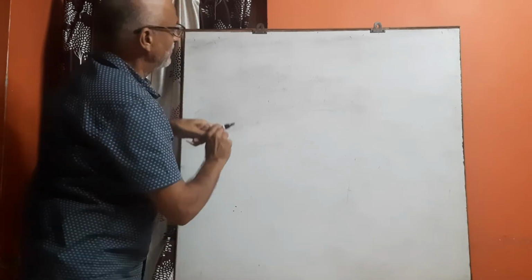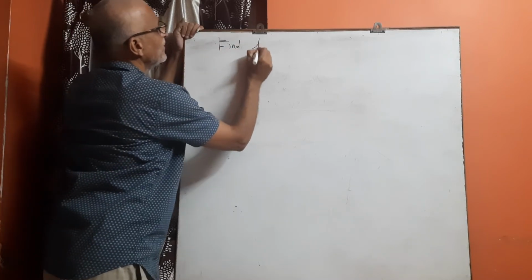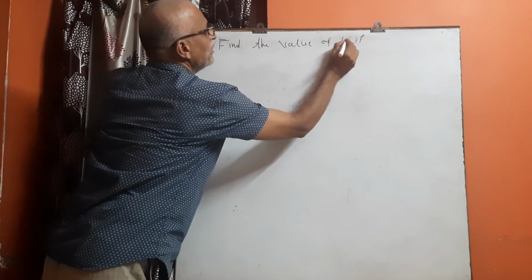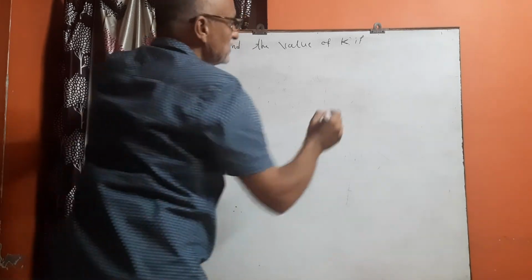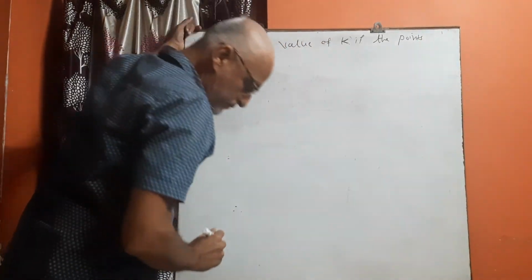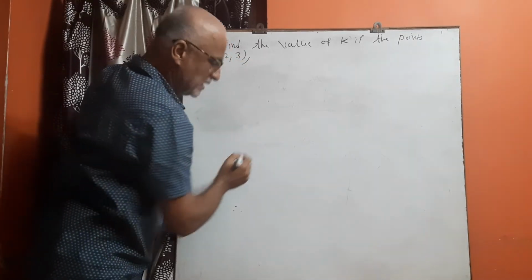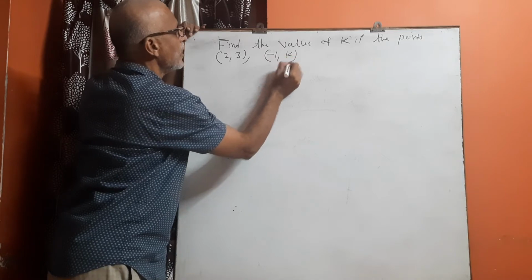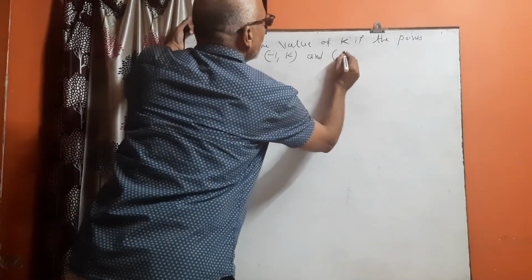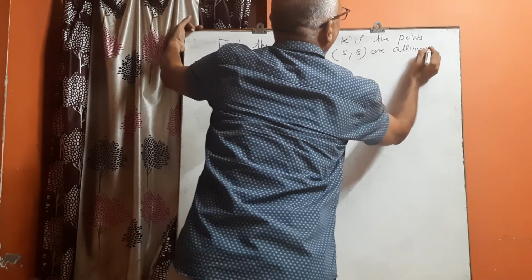And the problem is: find the value of k if the points (2, 3), (-1, k) and (5, 8) are collinear.